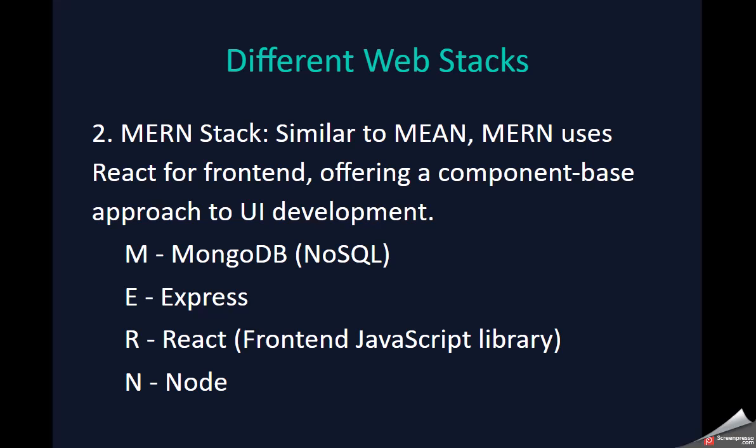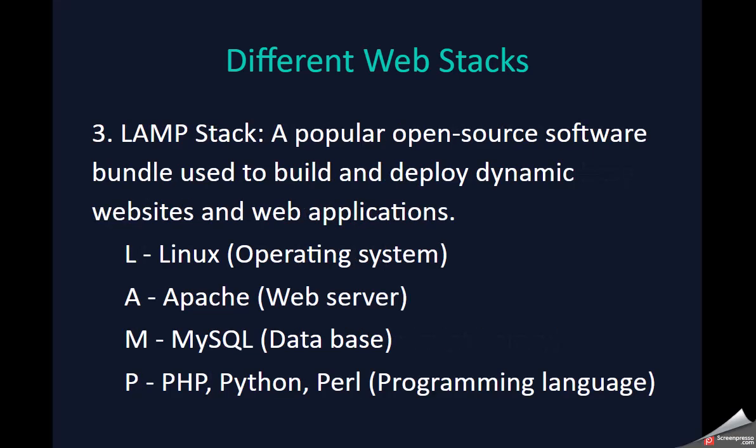If you walk through this path, starting from HTML, CSS, JavaScript, and then you learn React, and then you move to the back end and learn Node, Express, and MongoDB, you are a MERN stack developer.